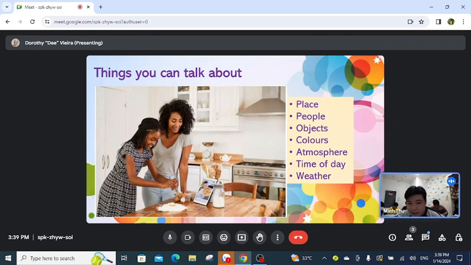Above the cooker. The color in the picture, they are brown of the table, silver from cooker, and extractor fan, white from the wall.